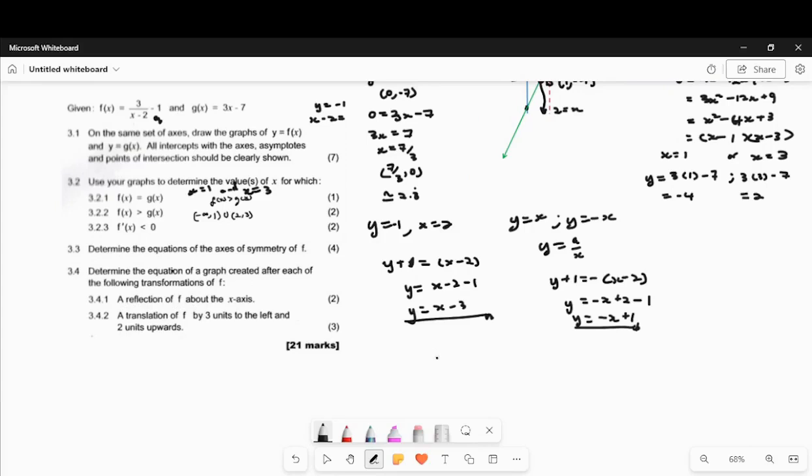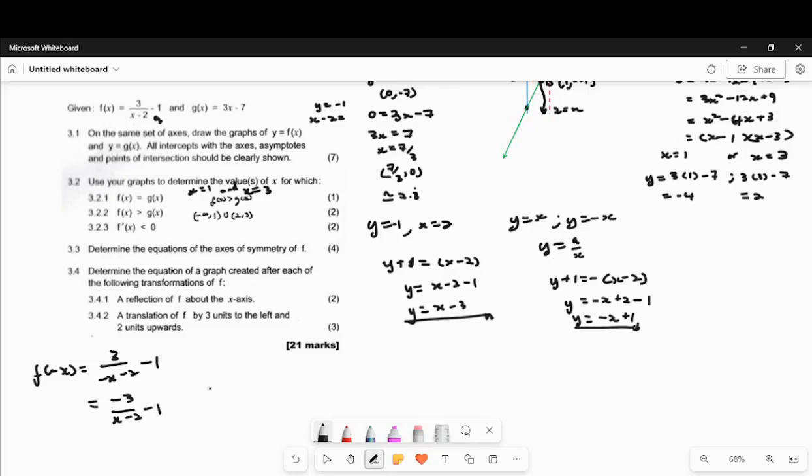Whenever we are reflecting a function f of x, we negate the x, and say we have 3 divided by negative x minus 2, minus 1. So this will be negative 3 divided by x minus 2.